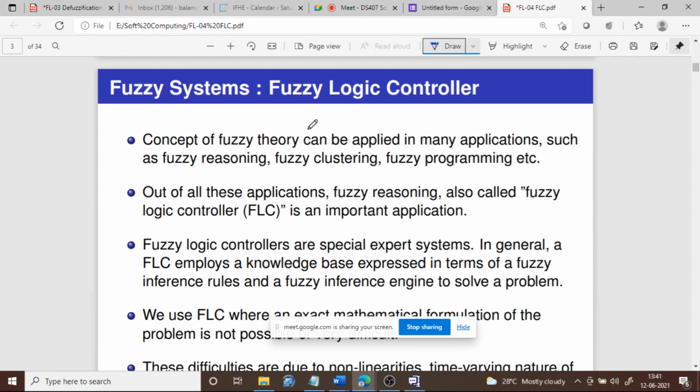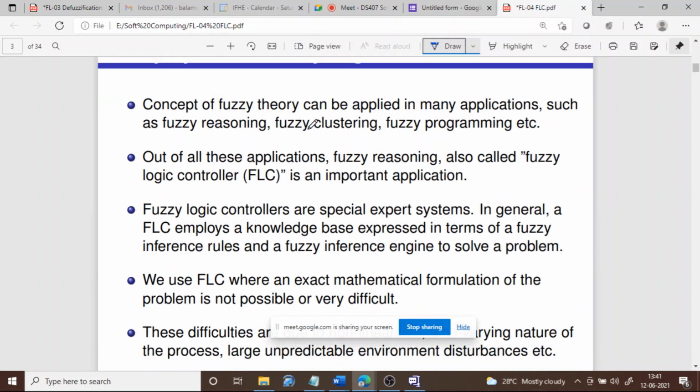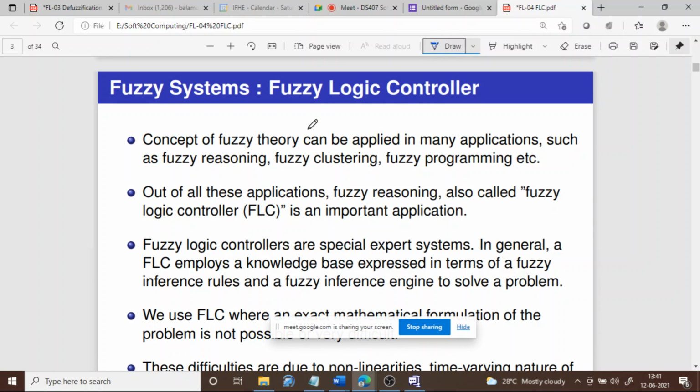Okay, so the topic we will be discussing in this lecture is the fuzzy controller. Basically we'll be trying to understand the typical applications of a fuzzy system. Fuzzy logic can be applied to many applications, like fuzzy reasoning, fuzzy clustering, fuzzy programming. Fuzzy reasoning is also called fuzzy logic controller.